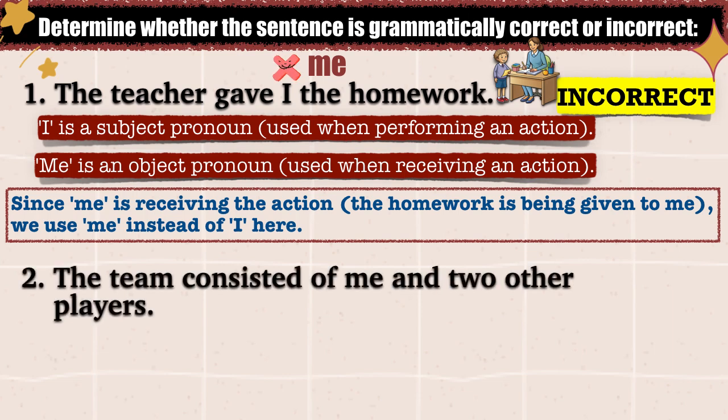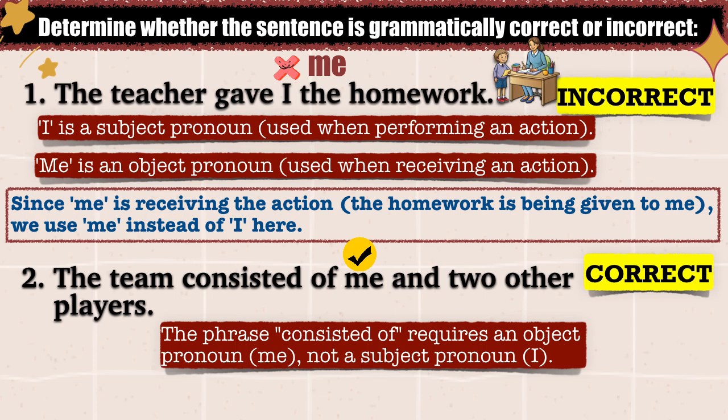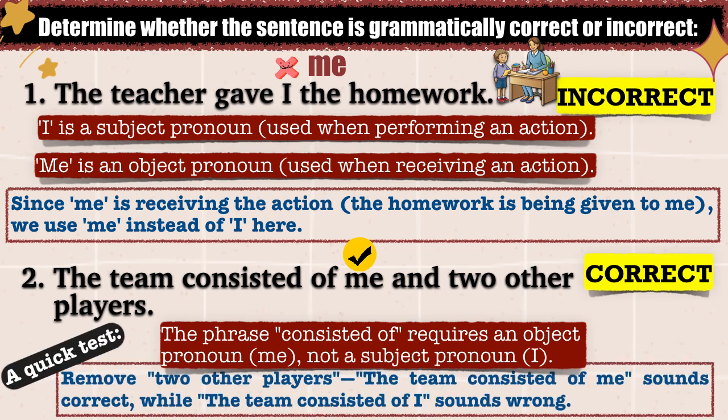The team consisted of me and two other players. The sentence is framed correctly. The phrase consisted of requires an object pronoun, me, not a subject pronoun, I. A quick test, remove two players. The team consisted of me sounds correct, while the team consisted of I sounds wrong.